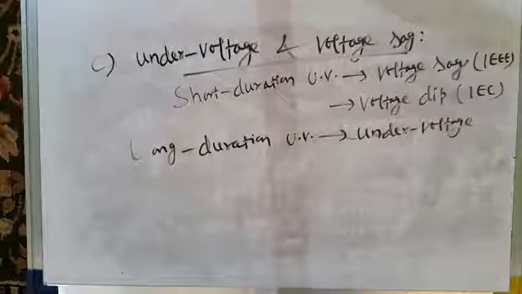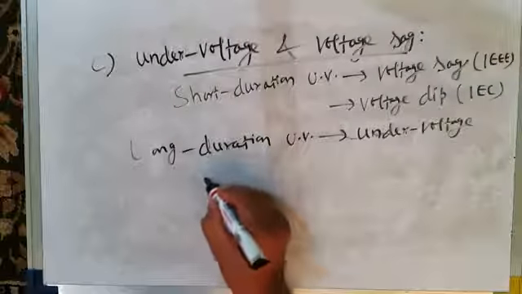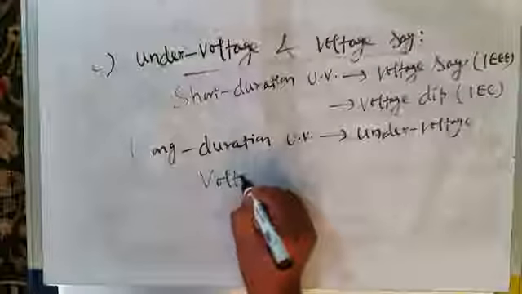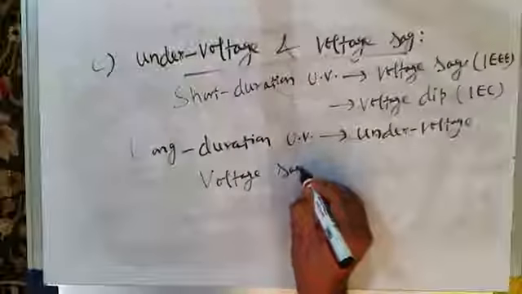A voltage sag is a reduction in the supply voltage magnitude to a value between 90% and 1% of the declared value. So how do you define voltage dip or voltage sag?